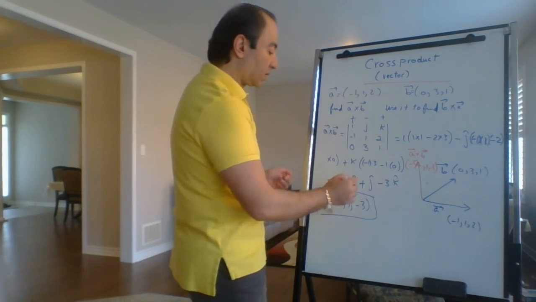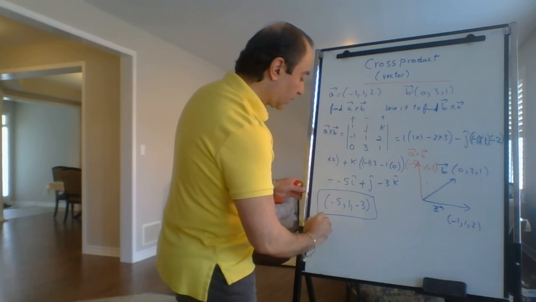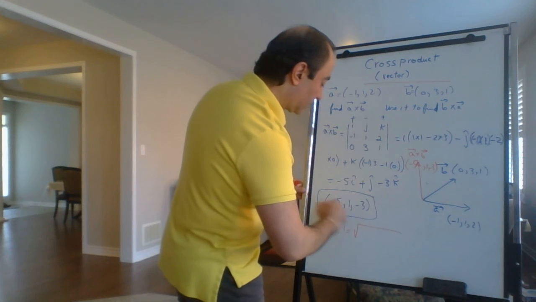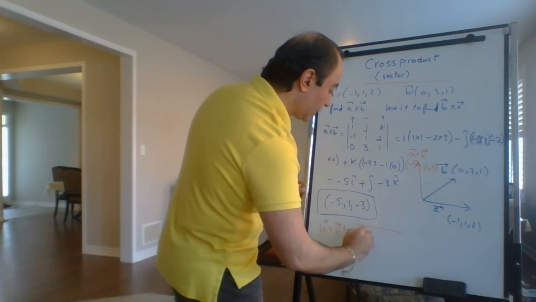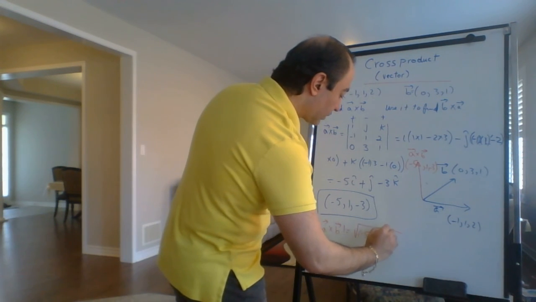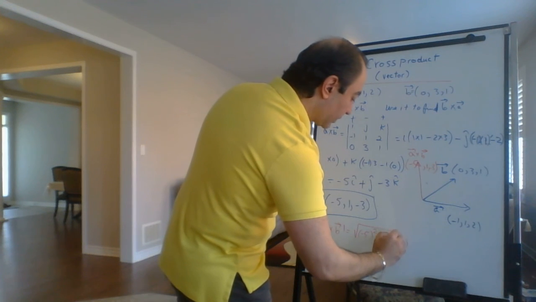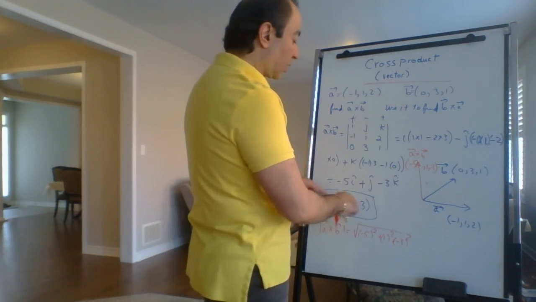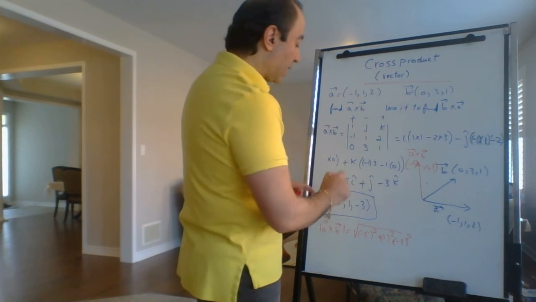Of course, I can get the magnitude of the cross product if I do the square root of negative 5 squared plus 1 squared plus negative 3 squared. This will be the magnitude of this vector, and we know the components, so we know the direction.